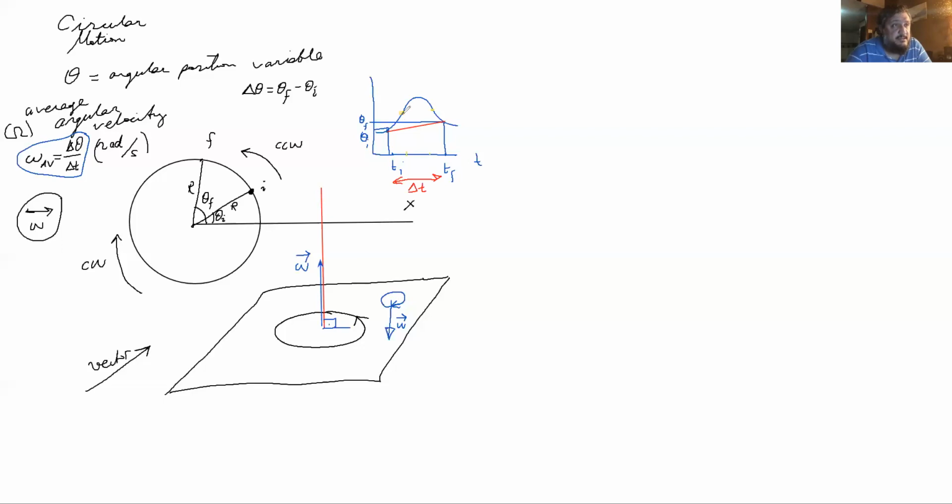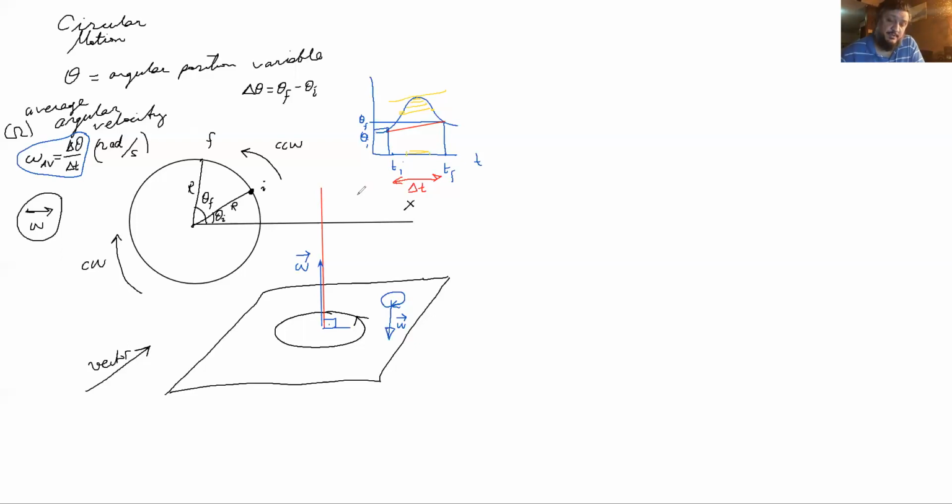Obviously, you'll need the slope of this line now for a shorter time interval, which is this. And you repeat this. And then again, one more time, until you can't do it anymore. But you end up with this tangent line. The slope of that line is the instantaneous angular velocity.